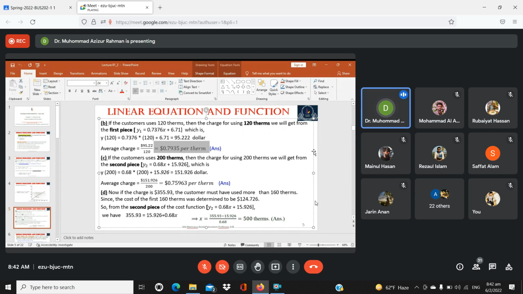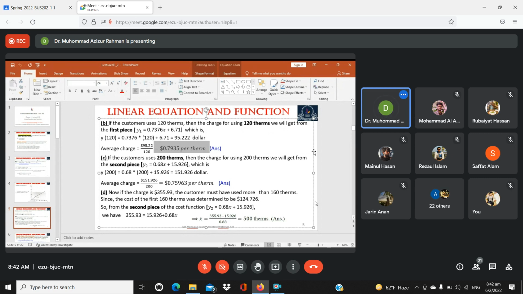If I use 120 therms, it falls under the condition of the first equation. So using that equation, we put the value of x equals 120. Then we get the value of y, that means the total cost. Once you know the total cost, divide it by the number of therms.